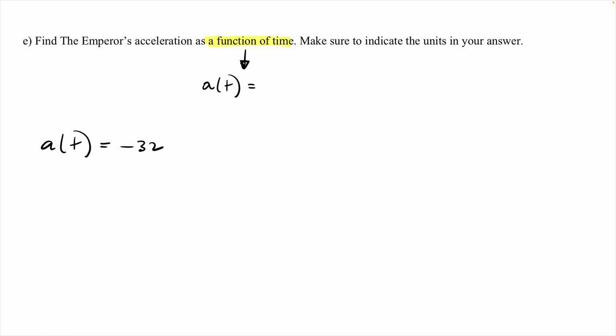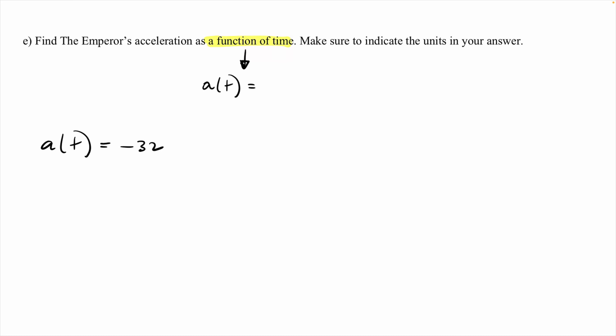Variable means it can change. No variable means what? It's a constant. It doesn't change. Why is that? That's the gravity. Gravity doesn't change. When you're falling, gravity doesn't change. Okay? It's not like he fell really slow and then sped up, right? That's not what gravity does. If you fall, you're going to fall. You're not going to change accelerations.